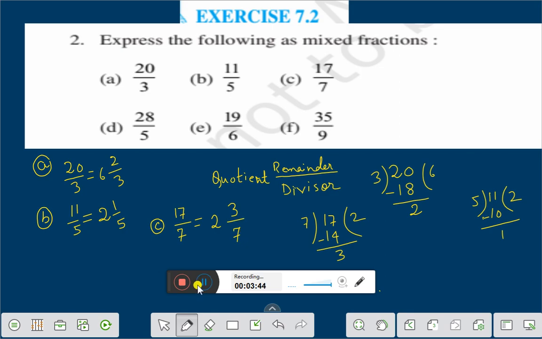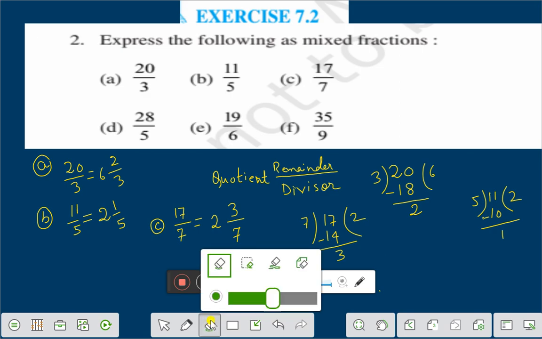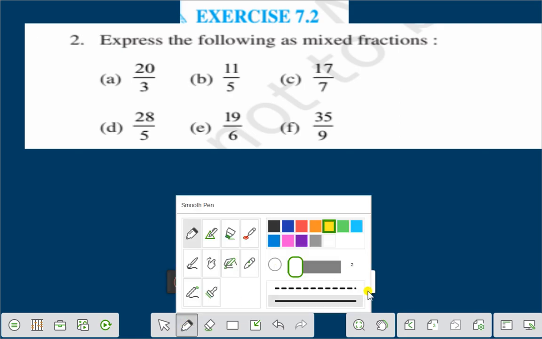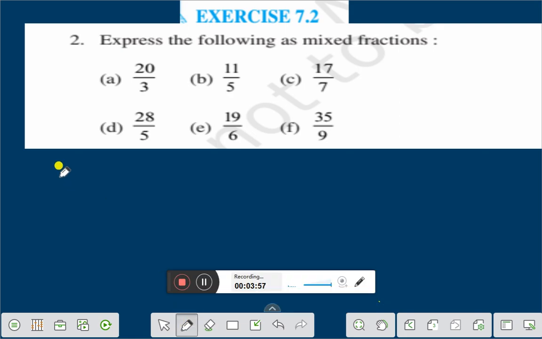Now we'll solve question number D. Question number D is 28 by 5. That means we have to divide 28 by 5.